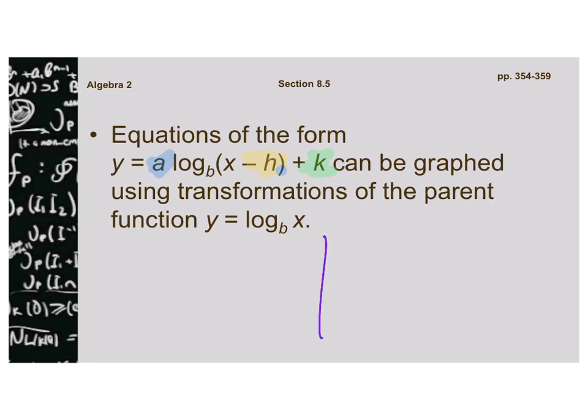So a stretches the graph or compresses the graph. H shifts it horizontally. And k shifts it vertically.